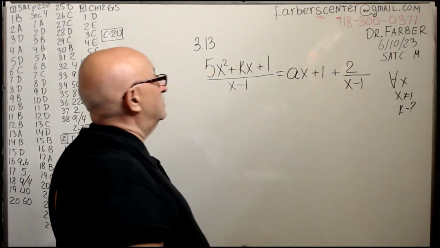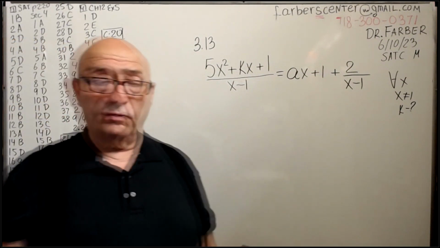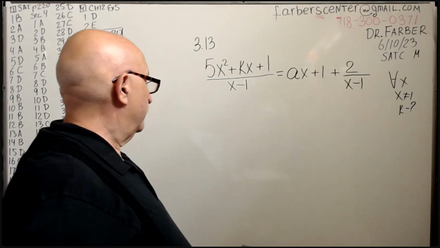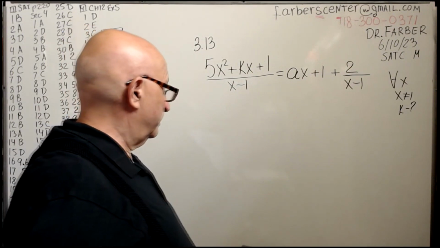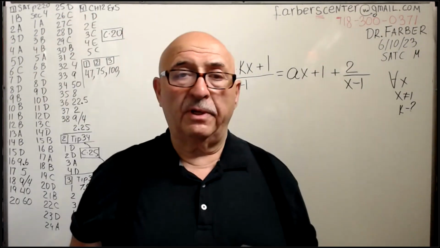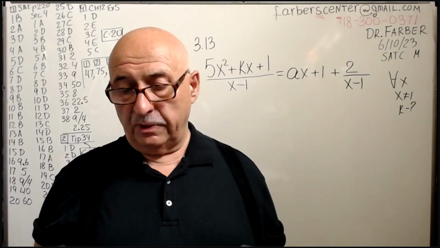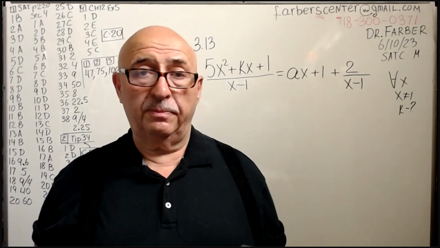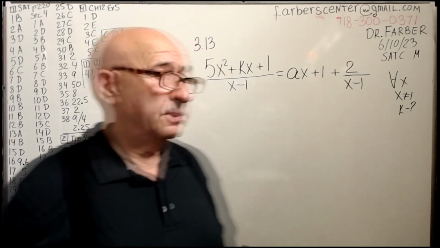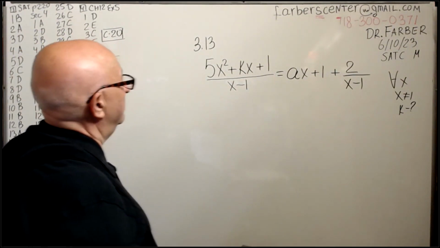Remember, we started with this kind of equation. In this one equation, we have three unknowns: a, k, x. We name it an identical equation, and the best way to solve it is based on symmetry. Look at this. In the left part, we have a trinomial divided by a binomial.